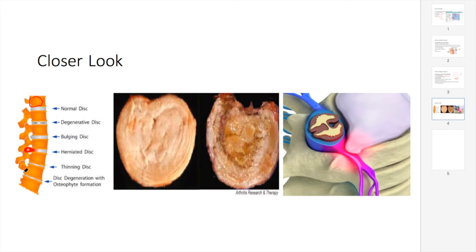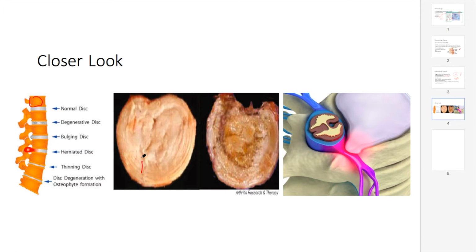The osteophyte formation is right here. This will create pain and very serious problems. We don't want to mess up these things, because we have to stand upright. We don't want to be an old man in our 30s. You know what I'm saying? So we have to keep these things in the normal range.